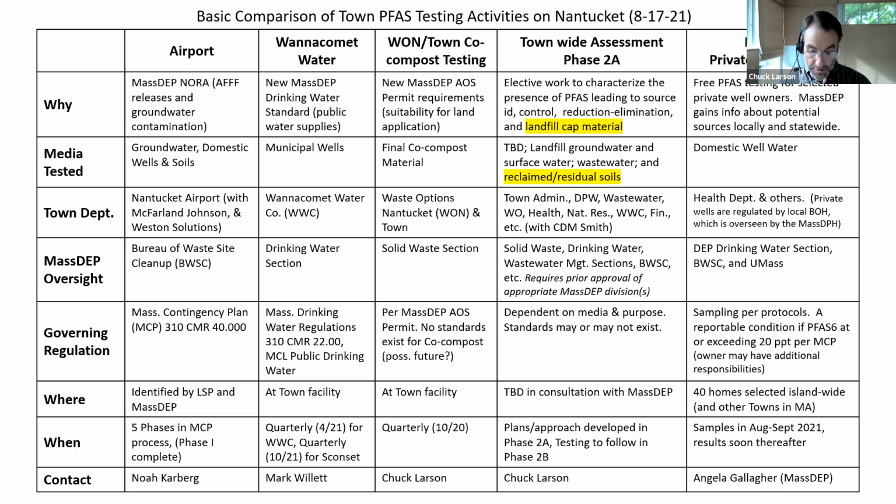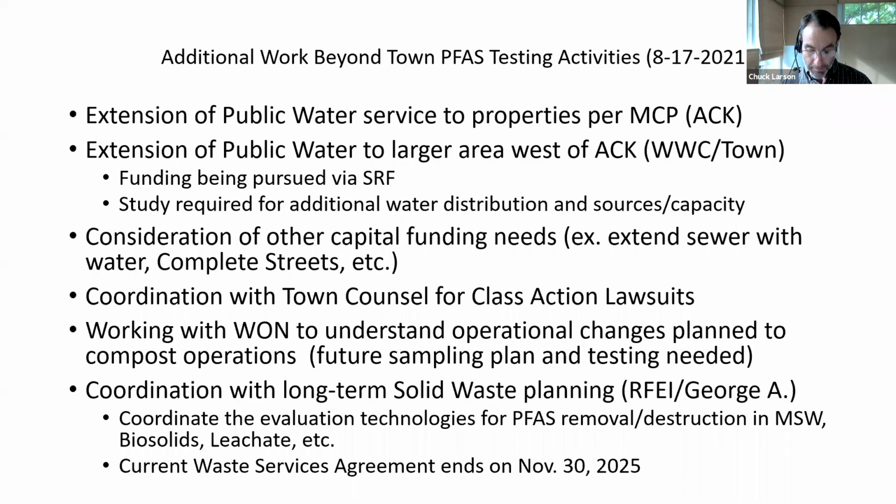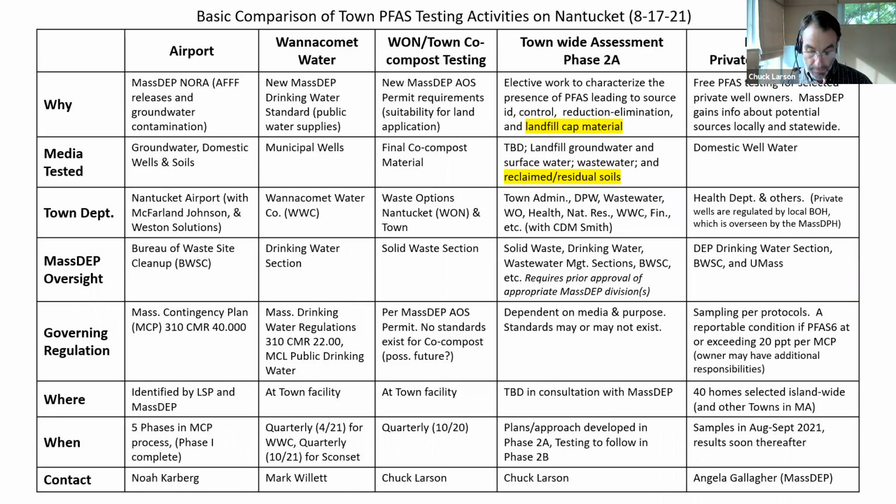Moving on, the next topic is really the work and testing being done by Waste Options and the town, the Department of Public Works, as required by the approval of suitability permit issued by Mass DEP. The testing of compost material is being done at a Mass DEP approved lab and started October 2020.